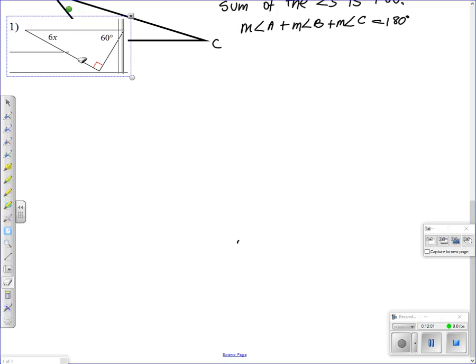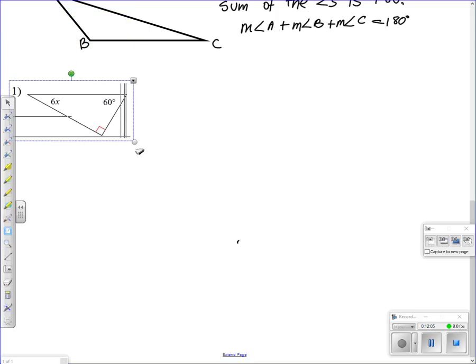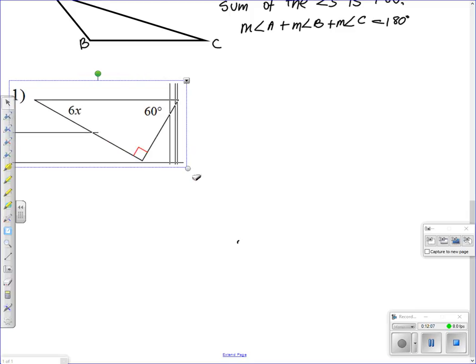So this is a problem they gave me. Sorry for the extra lines, but you can see the triangle here. So the question is find x.